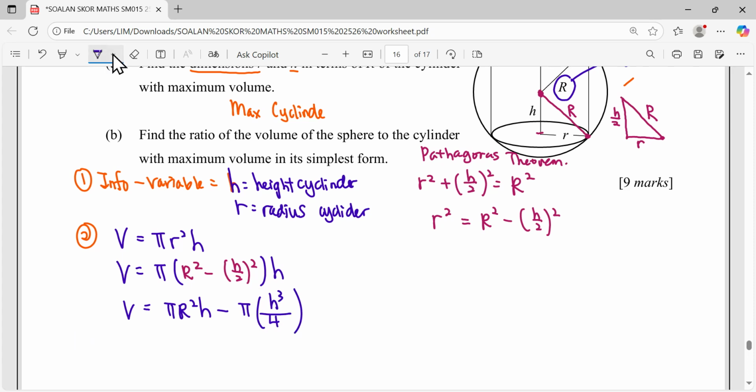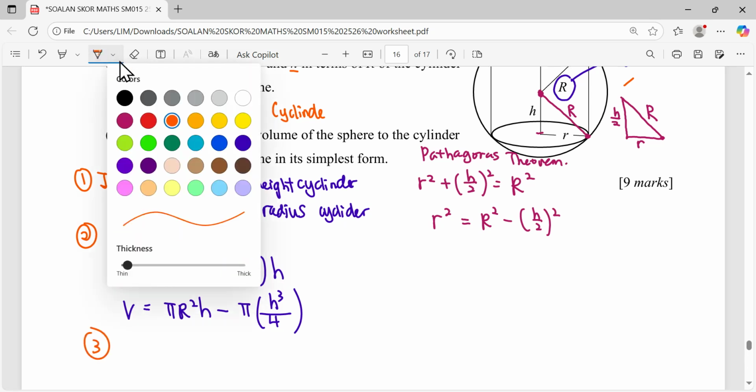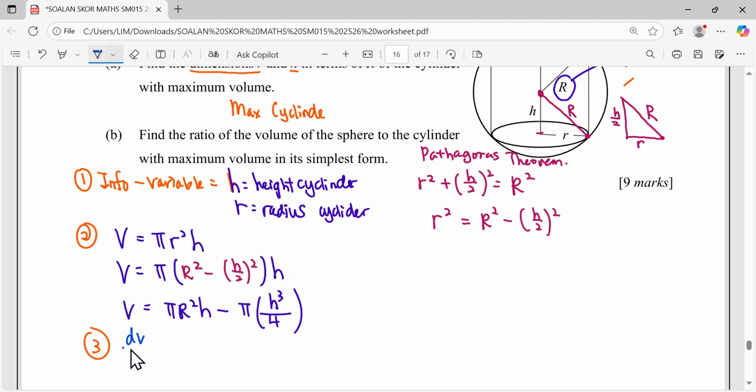Then step 3, we start to differentiate. Differentiate V with respect to h. With respect to h, this R is constant. So differentiating a constant times h, we get the constant.